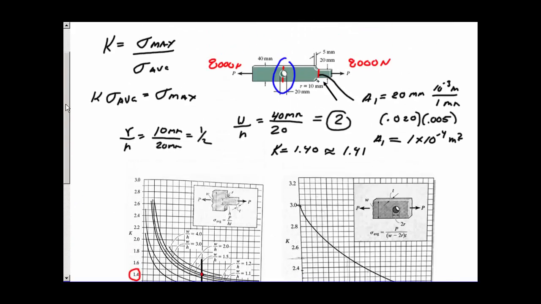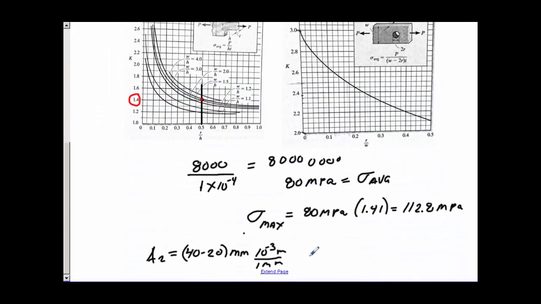And then we have the thickness, which again is 5, so multiply that by 5 times 10 to the minus 3 meters over 1 millimeter. That right there would be the cross-sectional area. That gives me 20 times 10 to the minus 3 times 5 times 10 to the minus 3, again a cross-sectional area of 1 times 10 to the minus 4th meters squared.